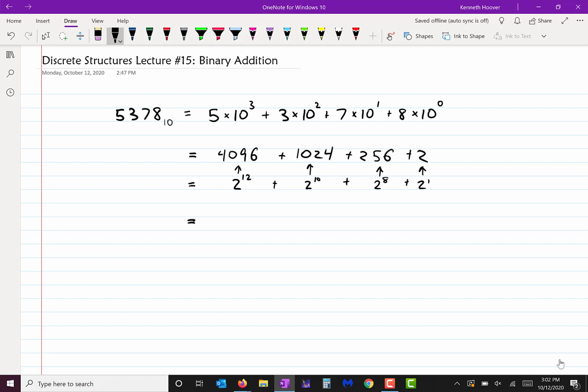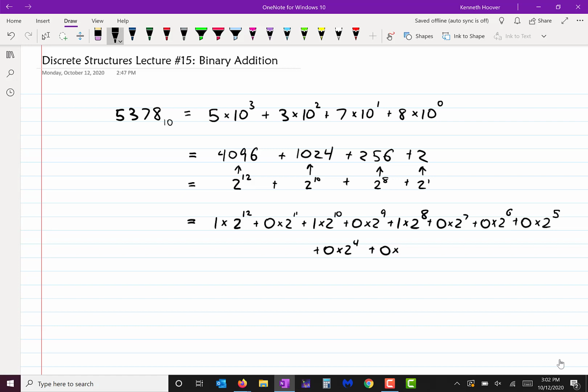So how I would write that is 1 times 2 to the 12th plus 0 times 2 to the 11th plus 1 times 2 to the 10th plus 0 times 2 to the 9th plus 1 times 2 to the 8th plus 0 times 2 to the 7th plus 0 times 2 to the 6th plus 0 times 2 to the 5th plus 0 times 2 to the 4th plus 0 times 2 to the 3rd plus 0 times 2 squared plus 1 times 2 to the power 1 plus 0 times 2 to the power 0.